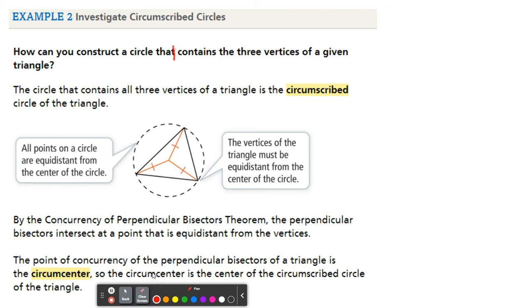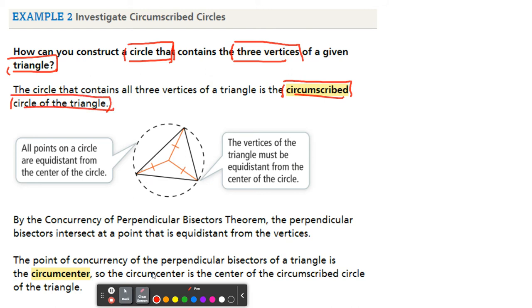So a circle that contains all 3 vertices of a triangle, which means that all 3 corners are on the same circle, right? Well, this would be the idea of making a circle circumscribed about a triangle. So we're going to circumscribe a circle of a triangle.